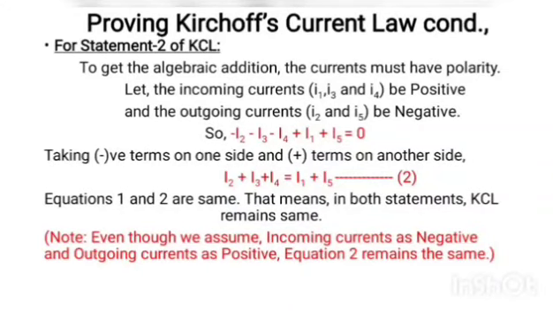Here I assumed incoming current as positive and outgoing current as negative. But if you assume incoming current as negative and outgoing current as positive, we get the same result. So assigning the signs is just an assumption, and we can change it.